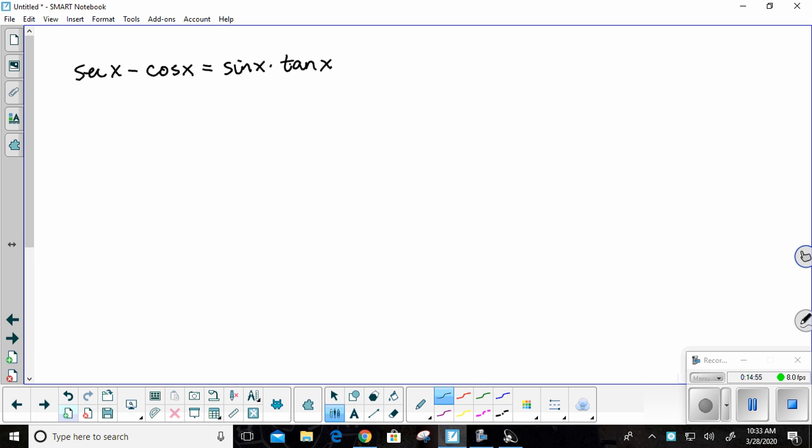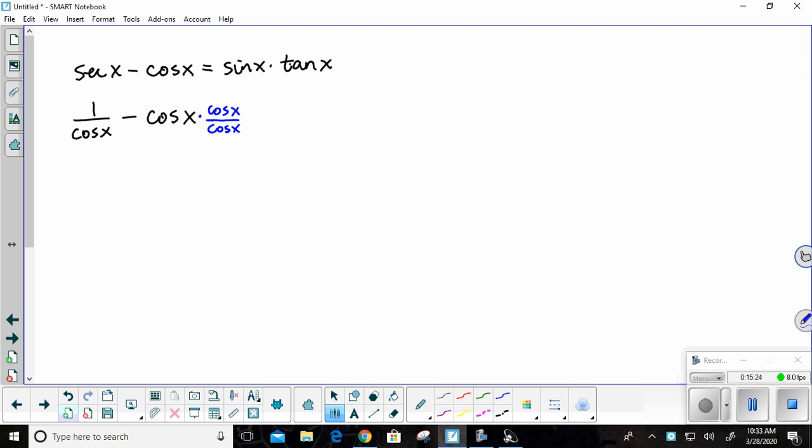First of all, just like normal, I'm going to write what I can in terms of sine and cosine. Secant, remember, is 1 over cosine. So 1 over cosine x minus cosine x. In order to get common denominators, if we're going to add or subtract fractions, we've got to multiply this one by cosine x over cosine x.